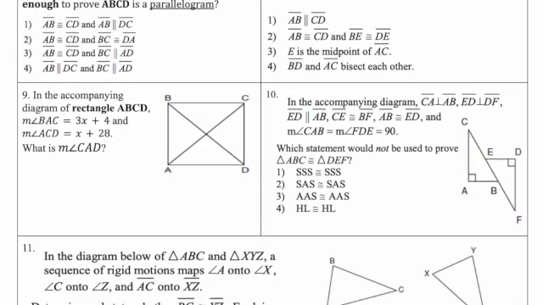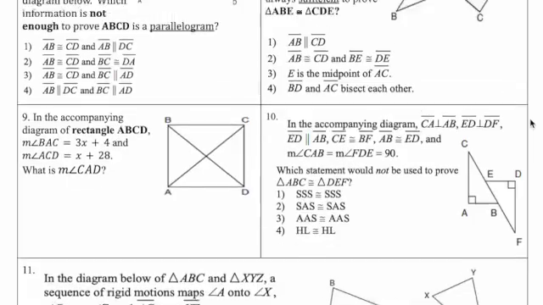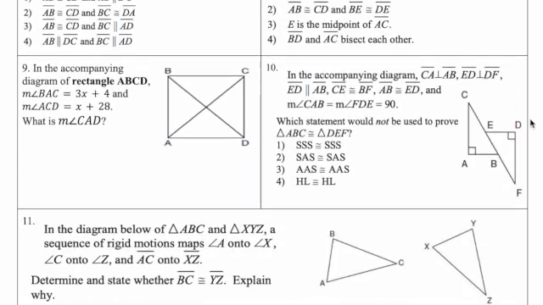So let's take a look at number 9. In the accompanying diagram of rectangle ABCD, angle BAC equals 3x plus 4, and angle ACD equals x plus 28. What is angle CAD? So we have BAC, which is 3x plus 4.